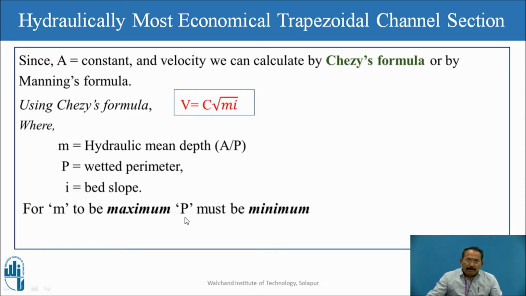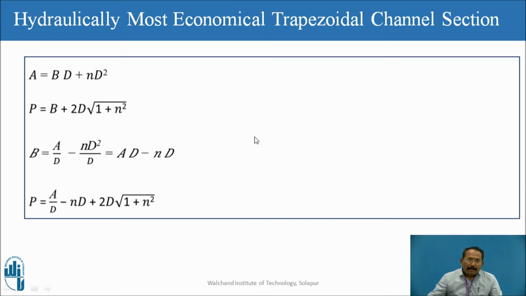For m to be maximum, perimeter must be minimum because they are inversely proportional, m is equal to A by P. So when m is to be maximum, definitely P must be minimum. So find out the area first, then we will find out the perimeter. Put the respective values of area and perimeter.